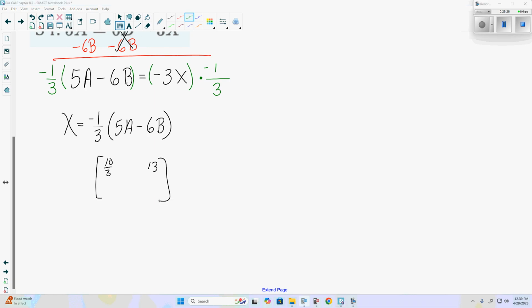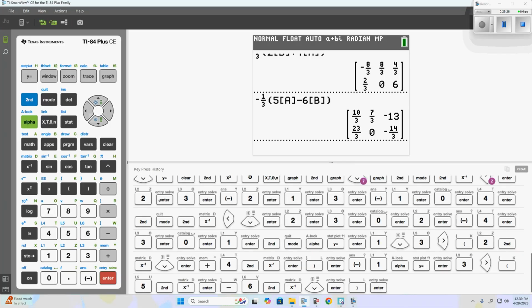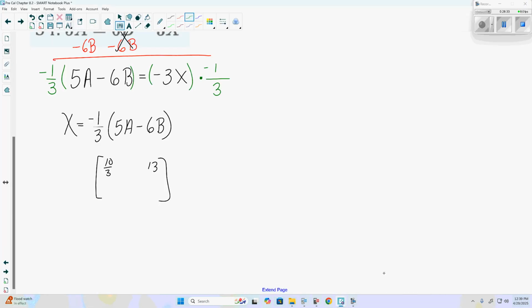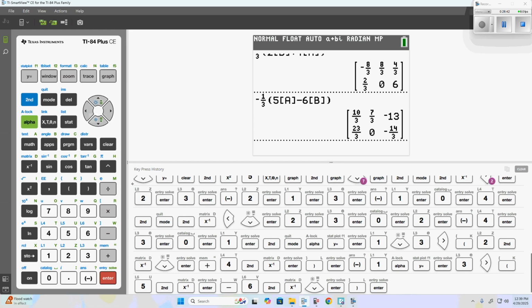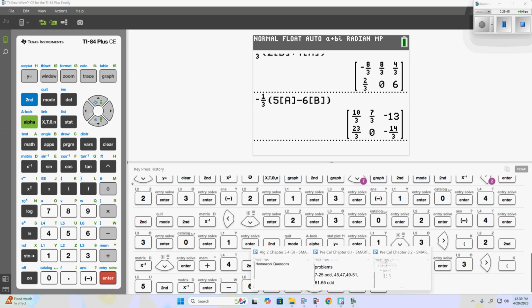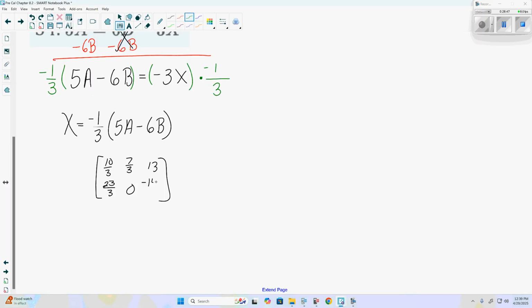Oh, I just kept 2 of them. 7/3, 0, 23/3, 0. One more time. Negative 14/3. Ah, thank you. Yeah, negative 13. Hard to translate those two.